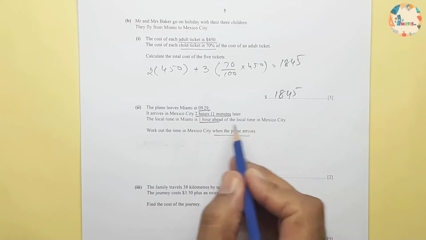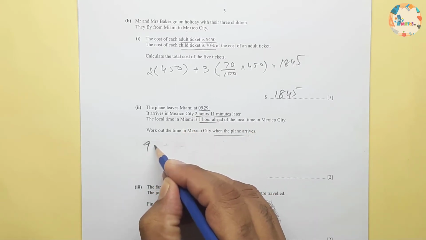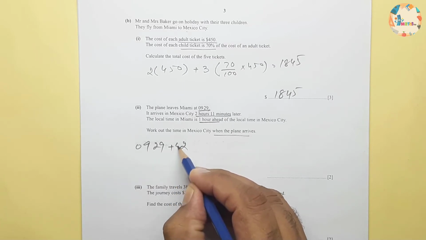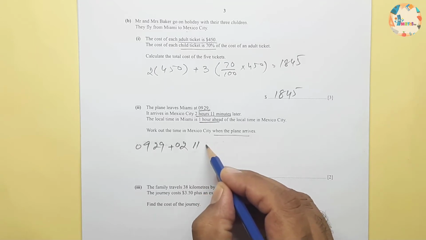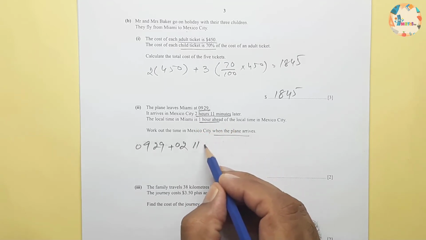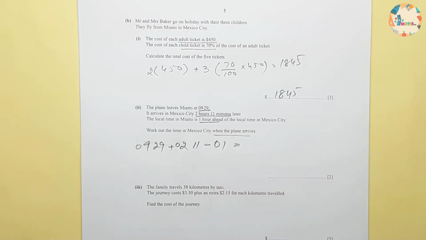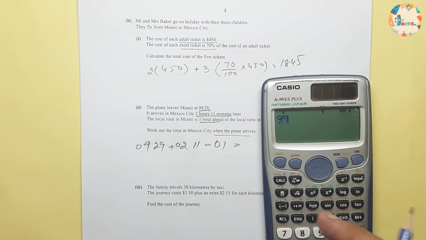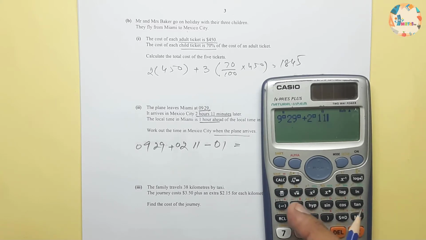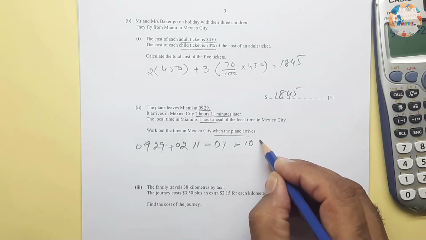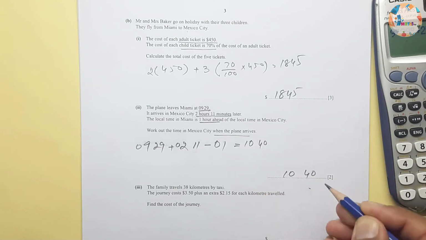So we will add all these numbers: 9 hours 29 minutes plus 2 hours 11 minutes, and because Miami is ahead, we subtract 1 hour. With the calculator, 9 hours 29 minutes plus 2 hours 11 minutes minus 1 hour gives 10 hours and 40 minutes. So we can write 10:40.